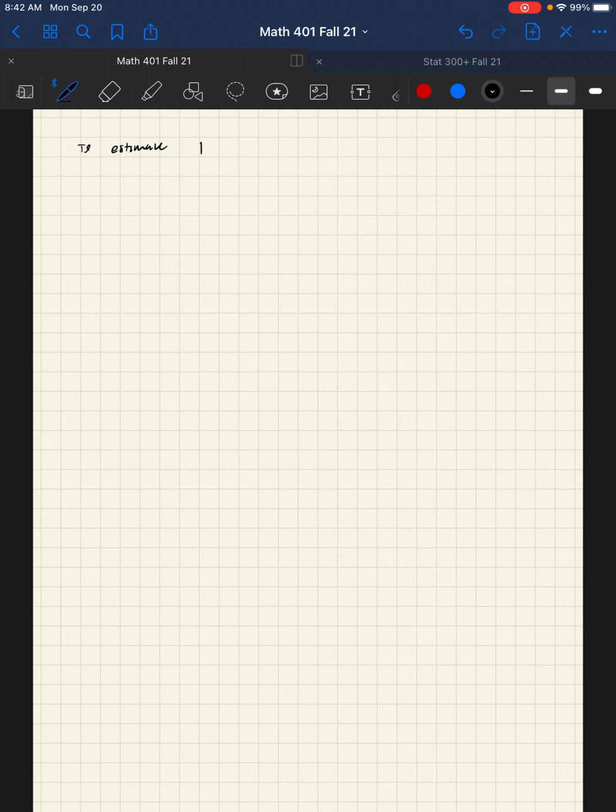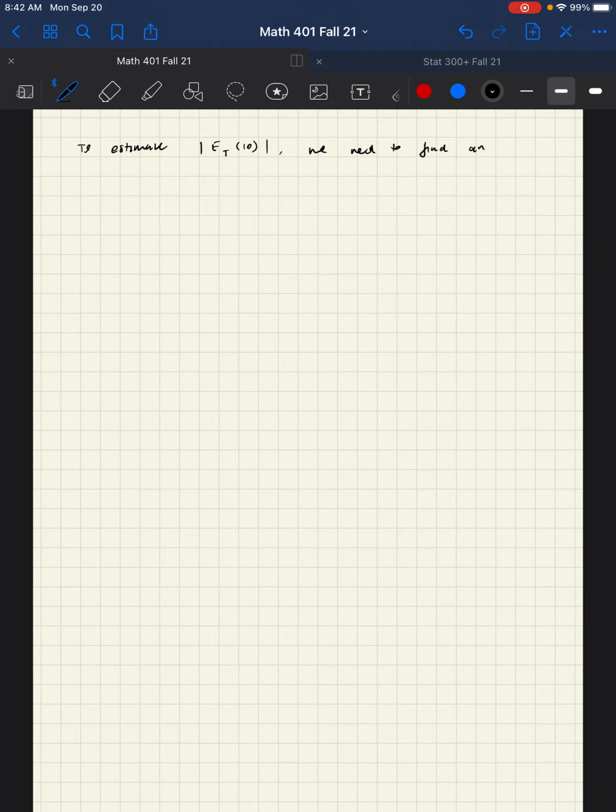And to estimate the maximum value of this error, we need to use that theorem, where we find the capital K that bounds the second derivative. We know what b is, we know what a is, we know what n is, so that's not a problem.